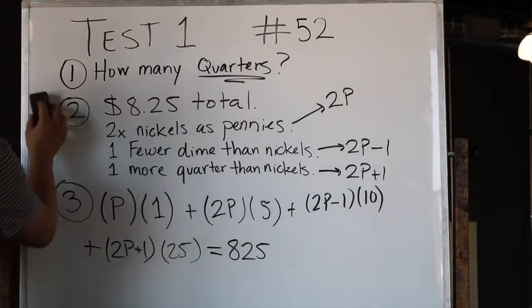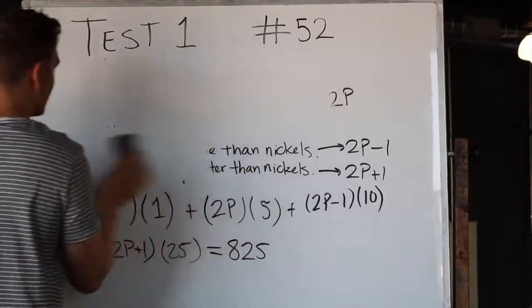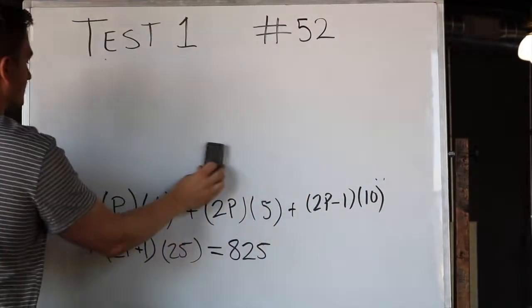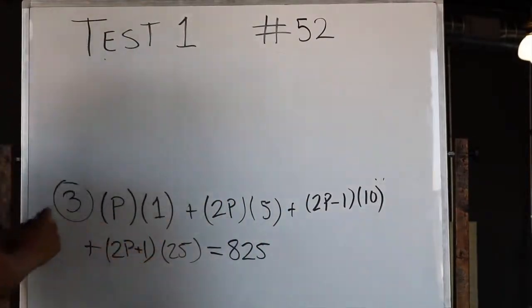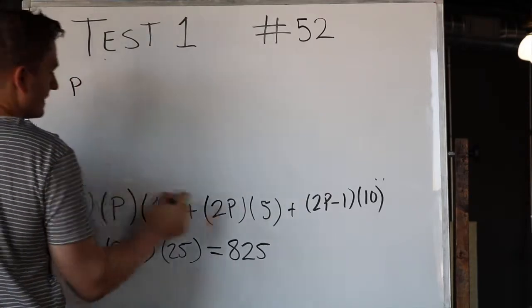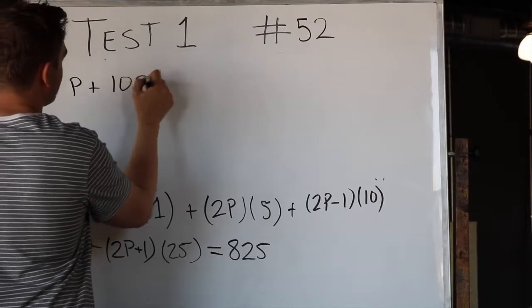I'm going to erase our top 2 slots here, and we are going to walk through solving this equation. We're just going to use basic algebra. So we have P times 1, that's P. Then we have 2P times 5, that's 10P.